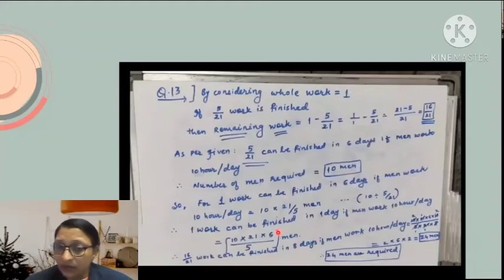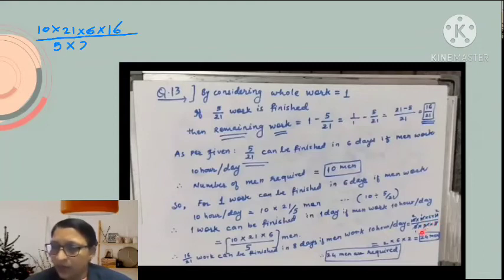Now here, the remaining work we are going to calculate in 8 days. If the men work 10 hours per day, the condition is the same. Rate of work is the same. So we get here 10 into 21 into 6 into 16 upon 5 into 21 into 8.